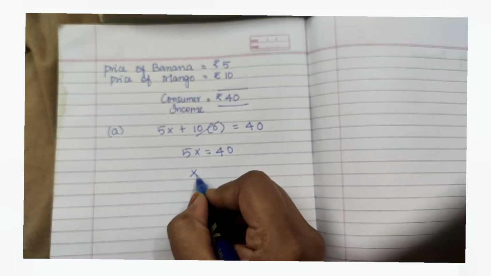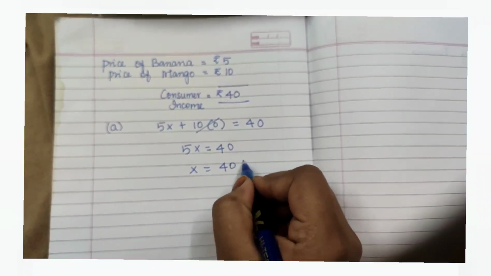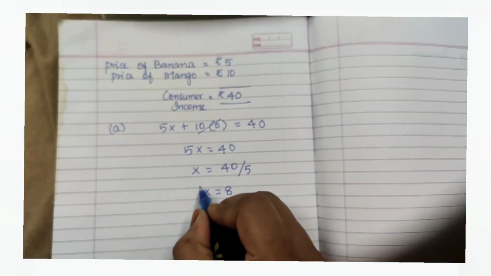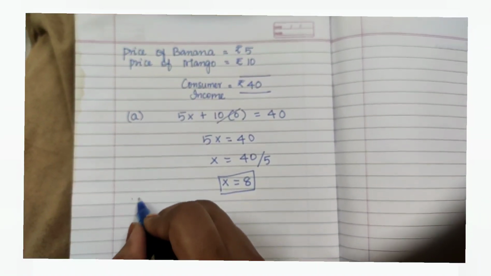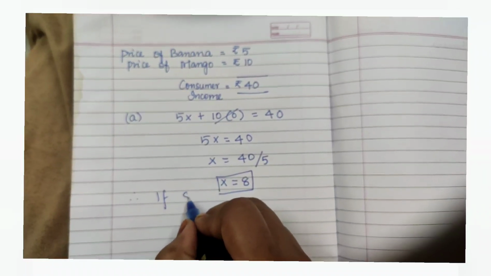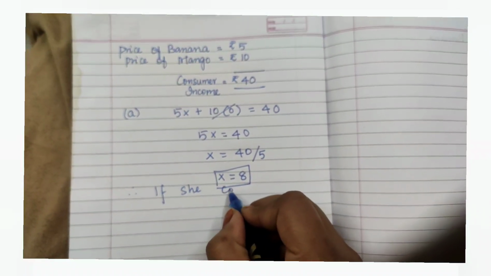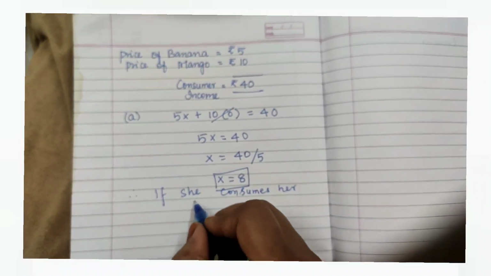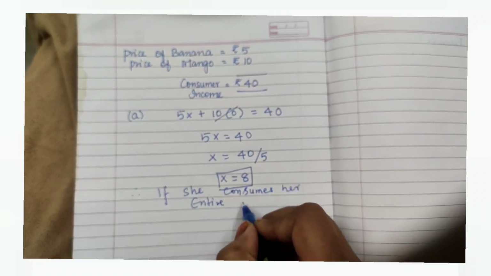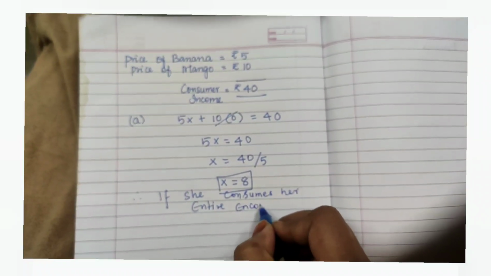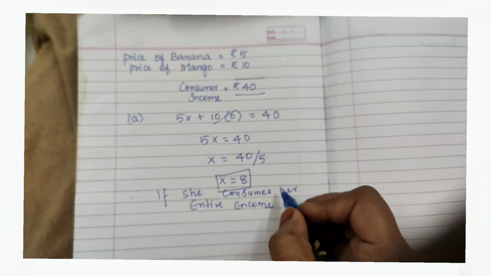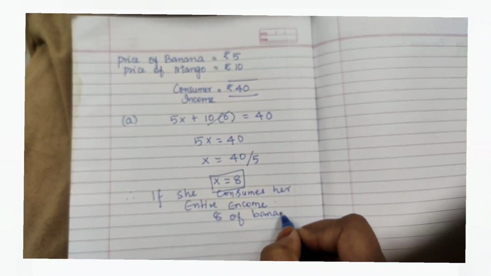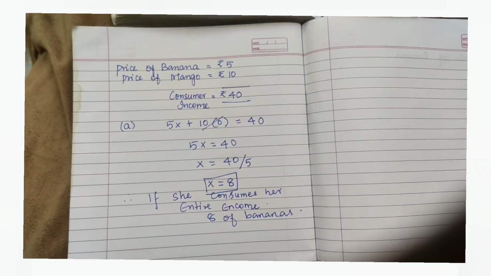So x will be 40 divided by 5, so x is equal to 8. So we have got the first answer: if she spends her entire income, she can consume 8 bananas. We are done with the first part.